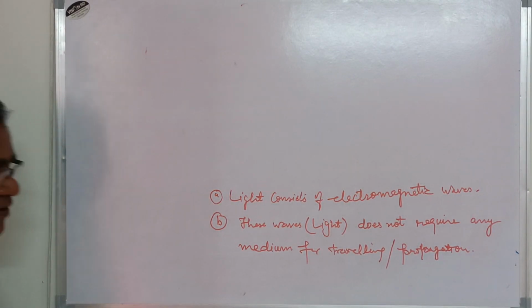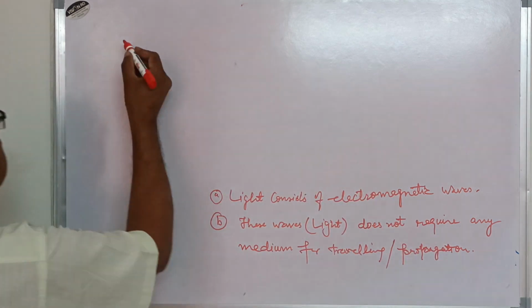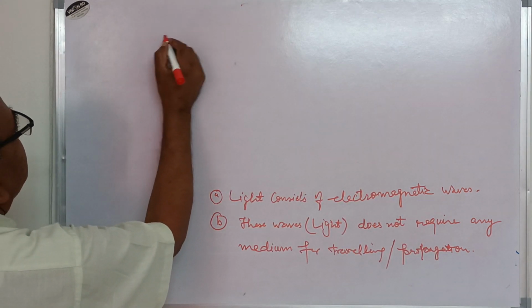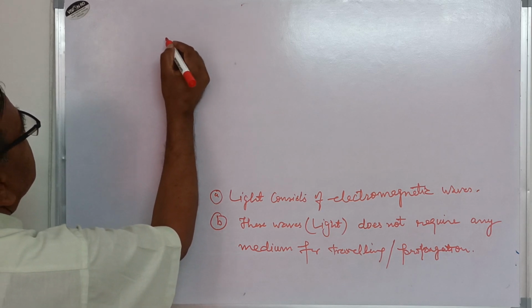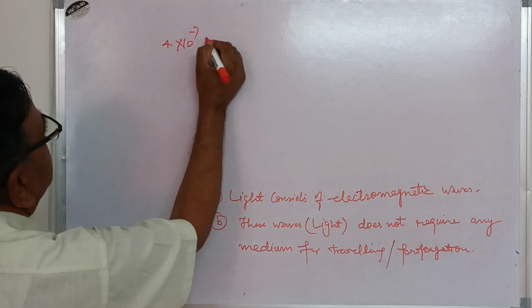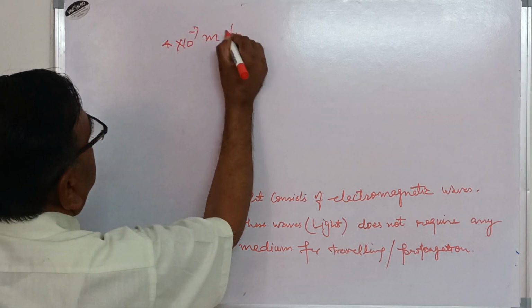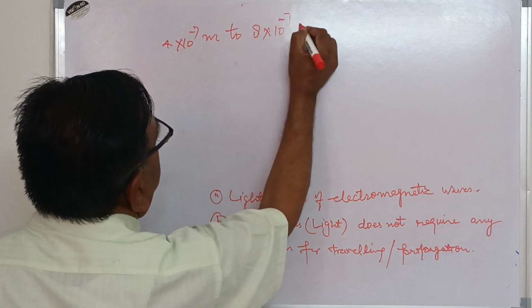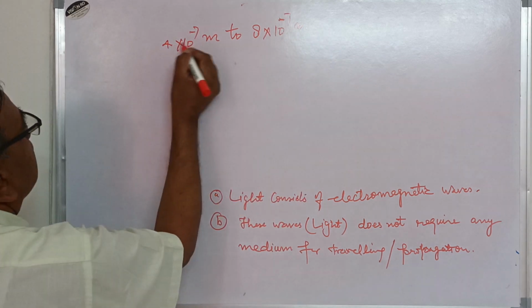Different colors have different wavelengths. So we see the light which has got the wavelength that we see, it is 4 into 10 to the power minus 7 meter to 8 into 10 to the power minus 7 meter.